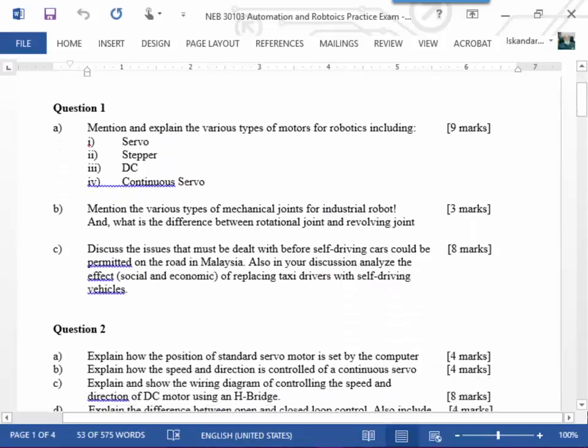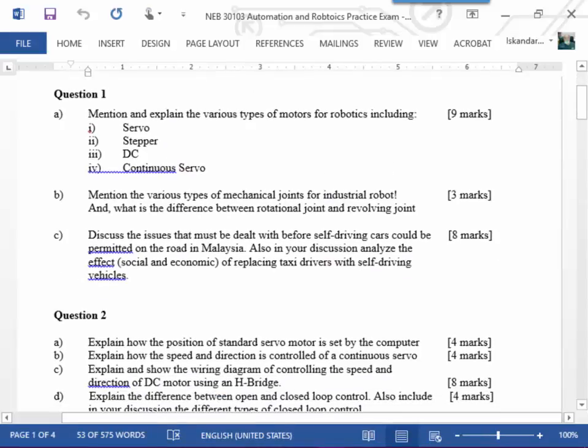This actually comes from the B test with some changes from last semester. So this practice exam does look exactly like the final exam with some changes. It's not the exact same questions, but it's the exact format, and probably 70% of the questions are the same. So this is probably as good a review as you can get.